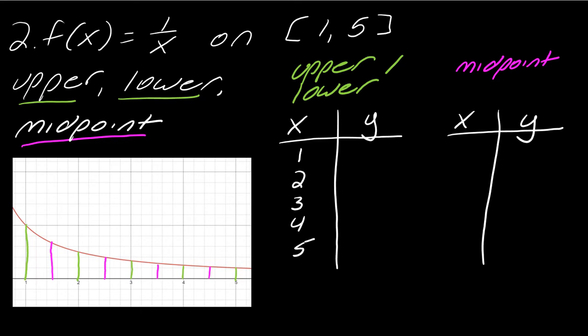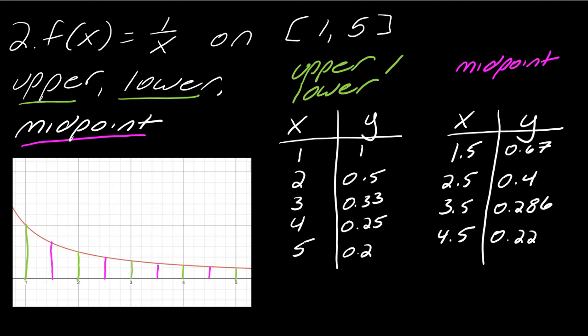So for my upper and lower sums, my endpoints, I've got 1, 2, 3, 4, 5. So I'm going to figure out the y values for those. And then for my midpoints, this is 1.5, 2.5, 3.5, 4.5. So then I just take the time to put all of these values into the function. And this is going to really help accelerate the calculations that I need to do.